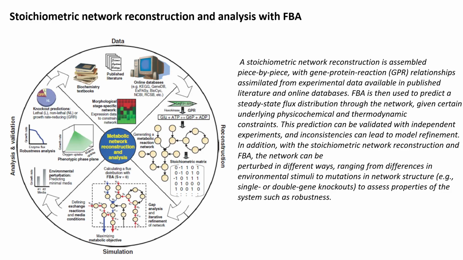Now let's talk about how we can reconstruct this network and analyze it. So you have to get your data from somewhere. That can be some literature, some online databases, or some books, etc. A stoichiometric network reconstruction is assembled piece by piece with gene-protein reaction relationships assimilated from experimental data available in public literature and online databases.